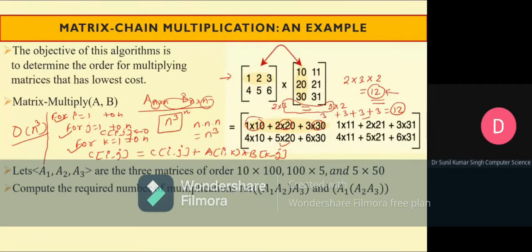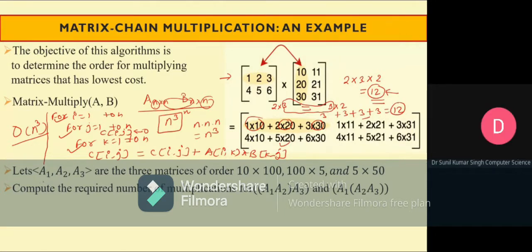So when we have more than 2 matrices, let's say 3, 4, or 5 matrices, in which order should we multiply so that the number of multiplications will be as few as possible? Are you getting the point?